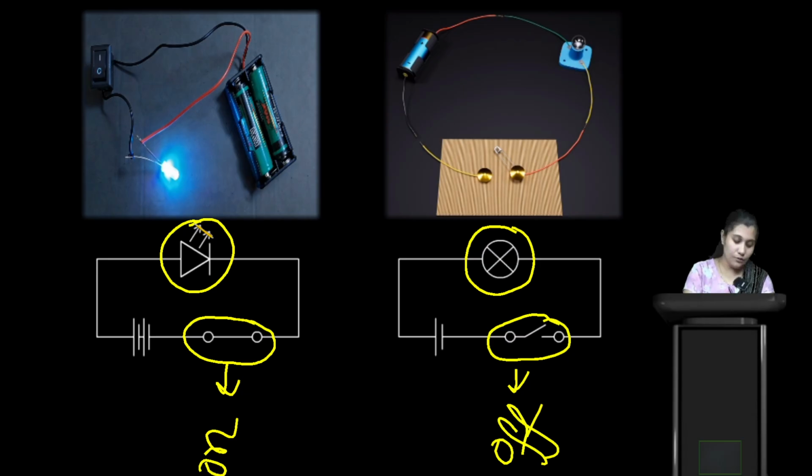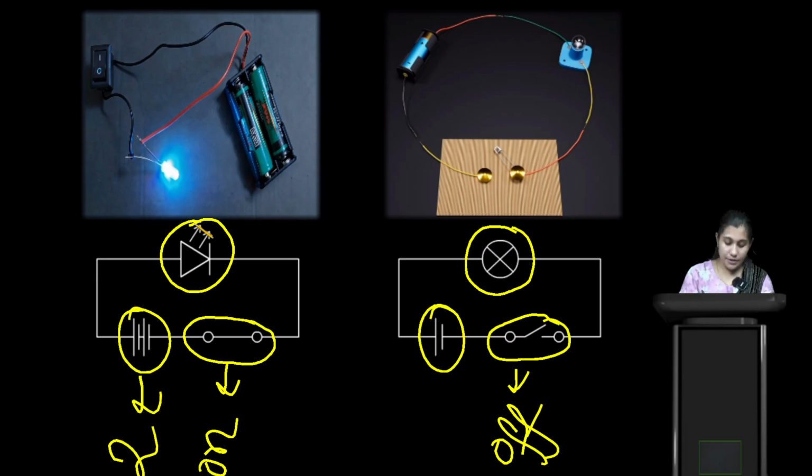Okay. And here we use two electric cells. And here we use one electric cell. So both the circuit diagrams are different from each other. So according to the need of the circuit diagram, we will put the symbols and we can create our own circuit. Okay.